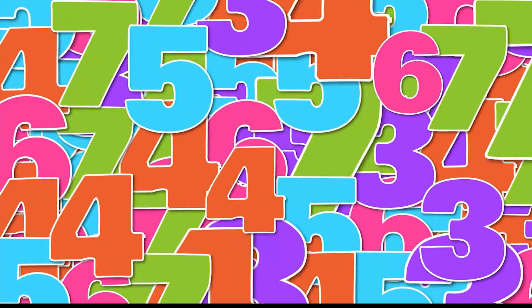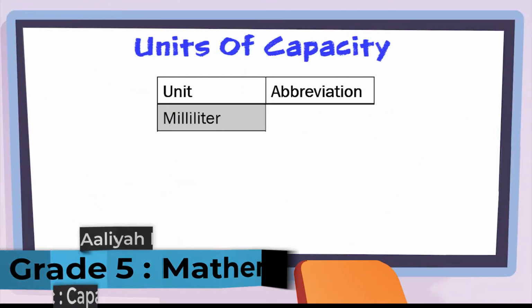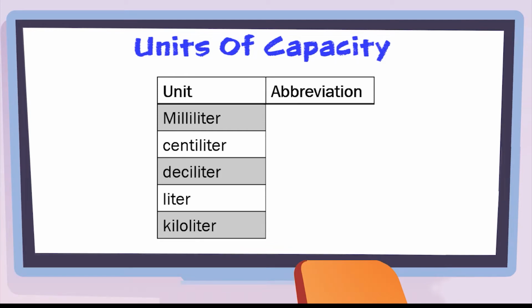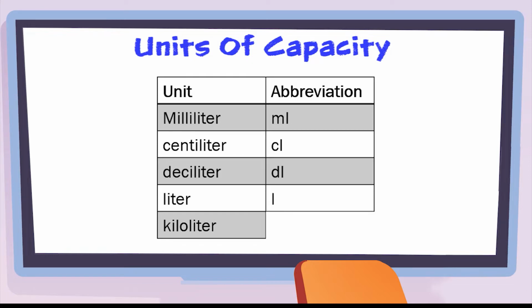The units of capacity are milliliters, centiliter, deciliter, liter, and kiloliter. The abbreviation for milliliter is ml, while the abbreviation for centiliter is cl, and the abbreviation for deciliter is dl, while the abbreviation for liter is L and kiloliter is KL.